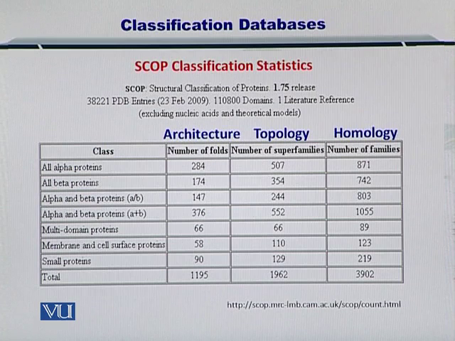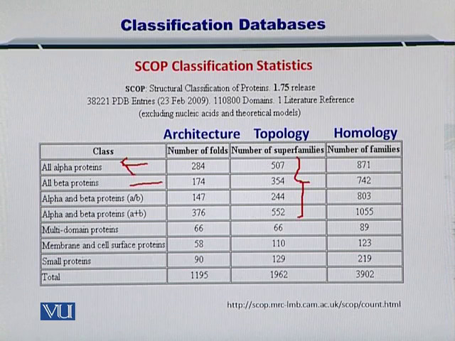And if you want to look at the superfamily or the topology, then about 500 superfamilies exist, which consist of just all alpha proteins. And then in case of the all beta proteins, you have about 354, and so on and so forth.